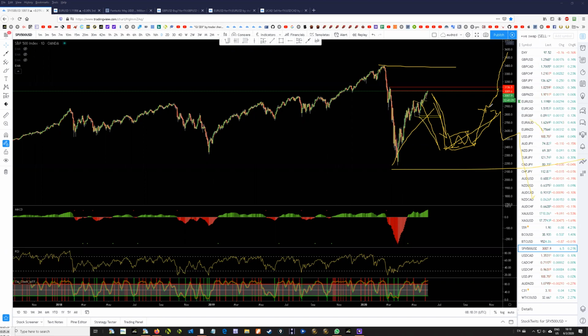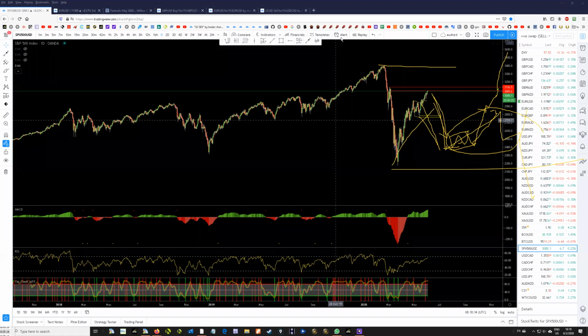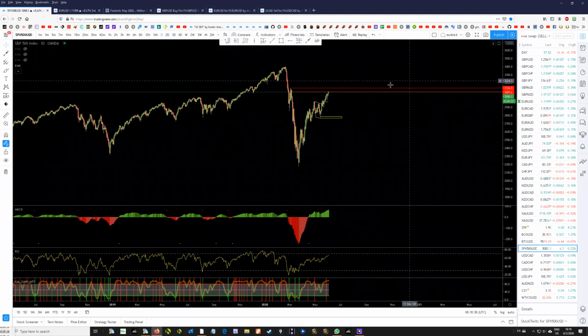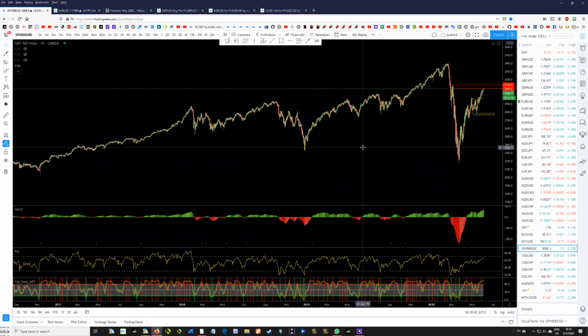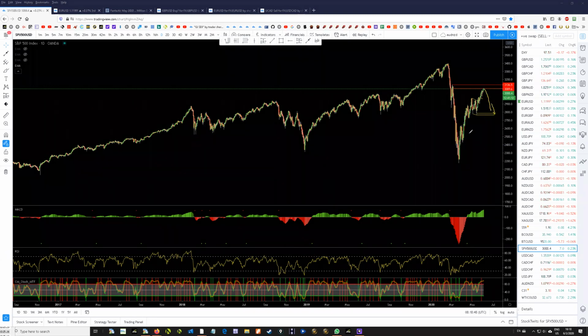It will move in a complex way to make sure that as many people as possible are on the wrong side of the market. Just looking at this, and showing reference to the past, this one you're looking for the down. We have to be clear what kind of down.